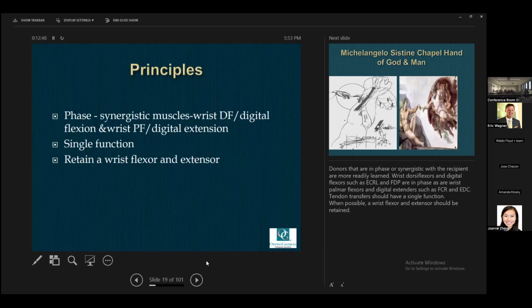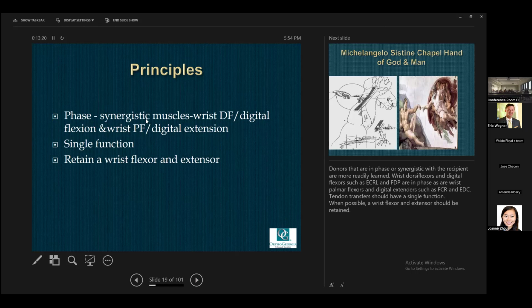There's another concept called phase, and basically it's when you flex your wrist, your digits extend. So it's easier to learn flexor carpi radialis to the digital extensors, than when you dorsiflex your wrist, your fingers flex. FDS is an out-of-phase transfer and can be a lot more difficult to learn in patients.